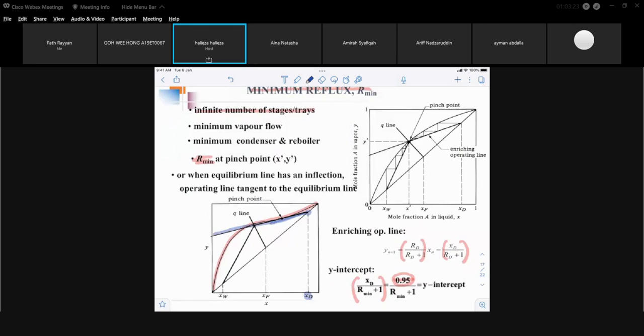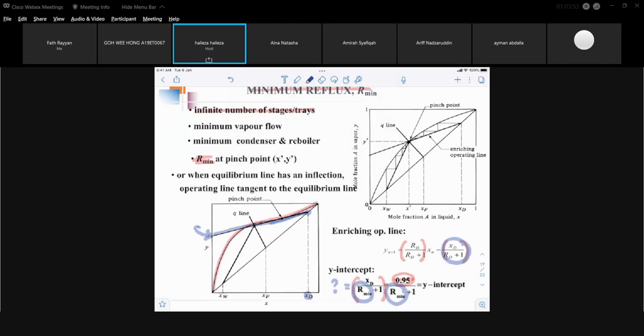So this operating line should be tangent to your equilibrium curve, and the y-intercept is going to be there. Whatever value you get there, you put it inside your equation, then you should be able to calculate your R min, the minimum reflux ratio.